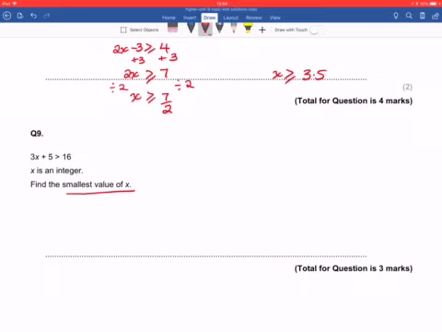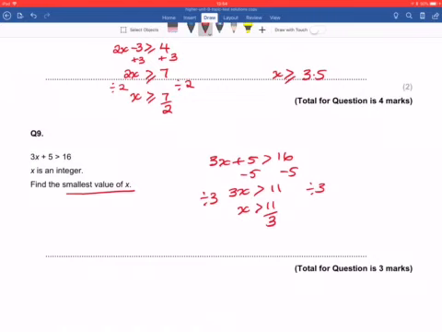So I'm going to solve it just like I did before on the question above. So I only want the x's, so I'm taking 5 off both sides, and I get 3x is greater than 11. I don't want 3x, I want 1x, so I divide both sides by 3, and I get x is greater than 11 over 3. And 11 divided by 3 is 3 2/3.